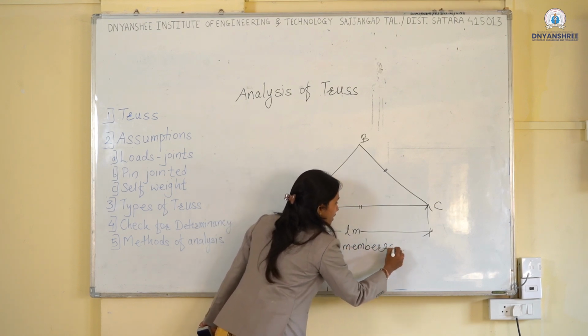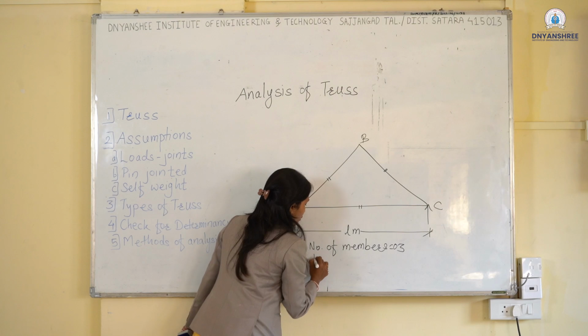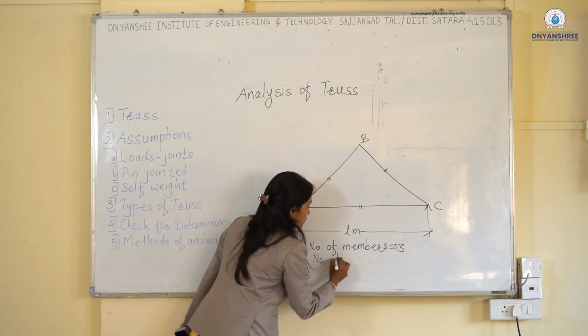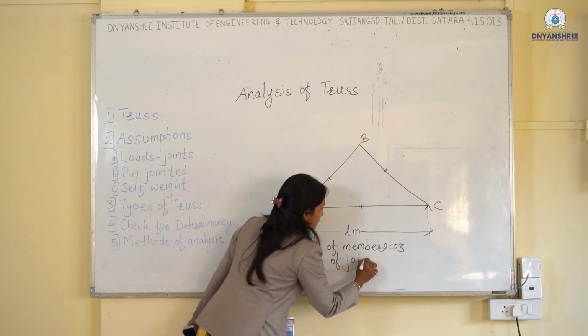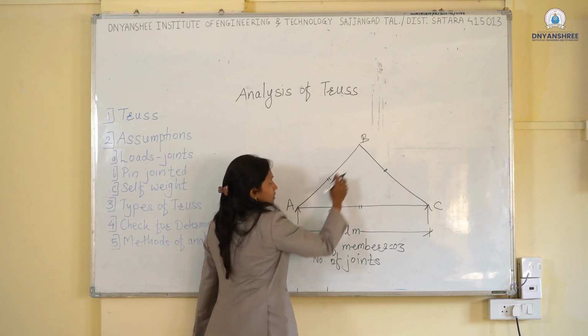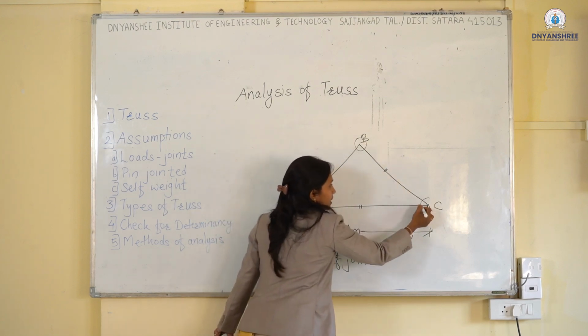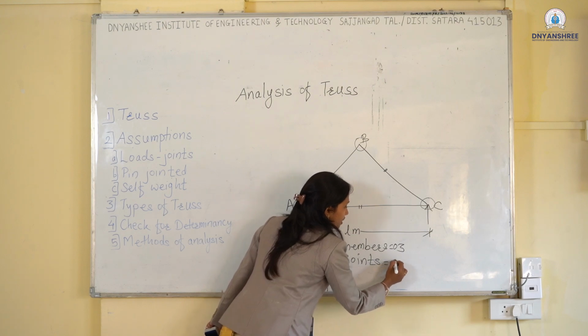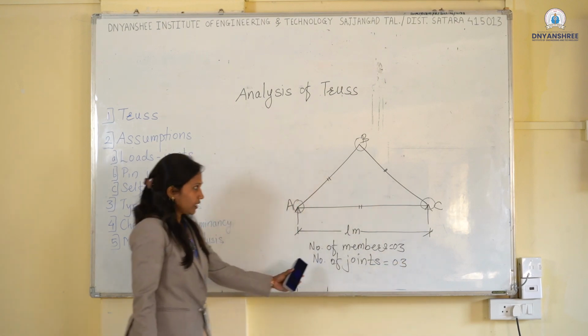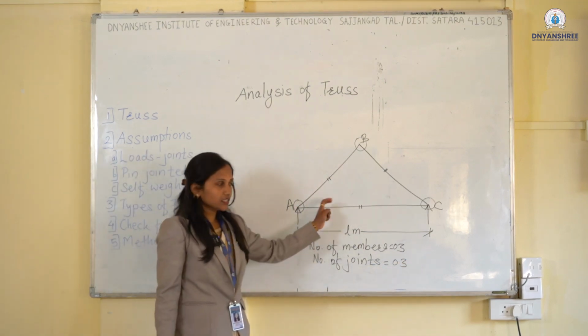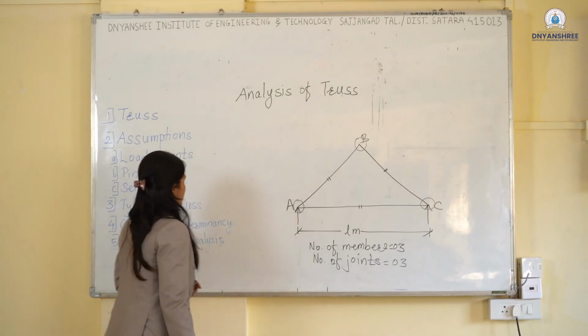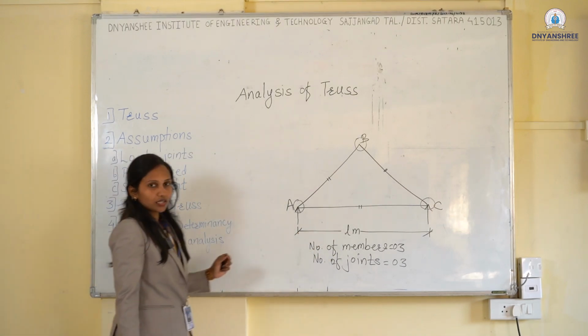Then how many joints are there? A joint is there, B joint is there and C joint is there. So 3 joints are there. We have taken a simple example to understand the truss concept.